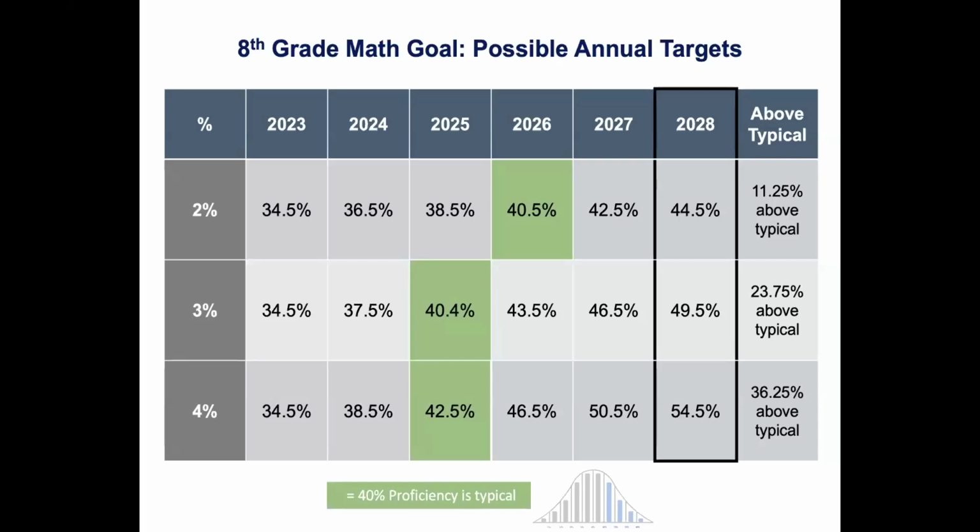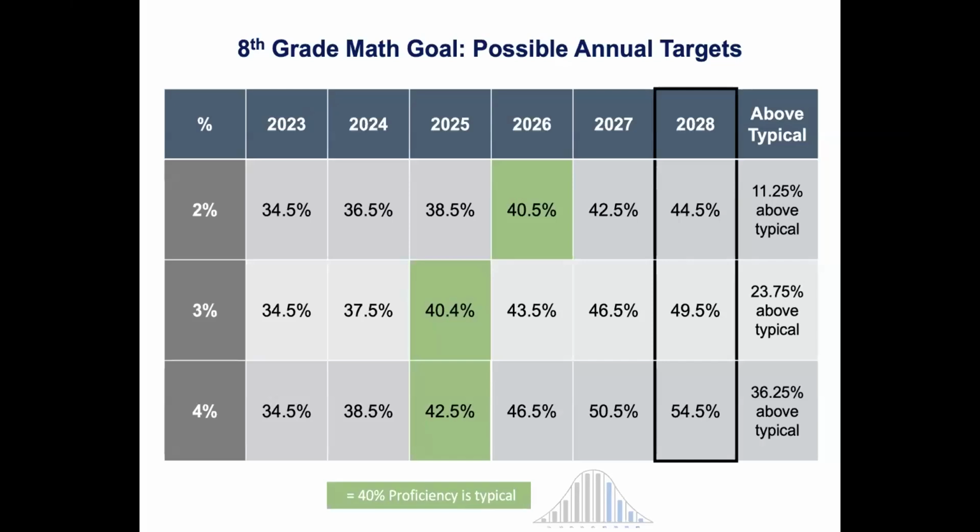I think we should plug in 1% growth: add 1% each year, from 34.5 to 35.5, from 35.5 to 36.5, from 36.5 to 37.5 in 2026.